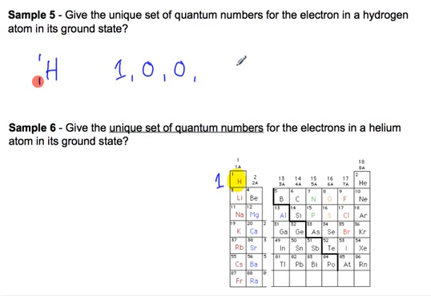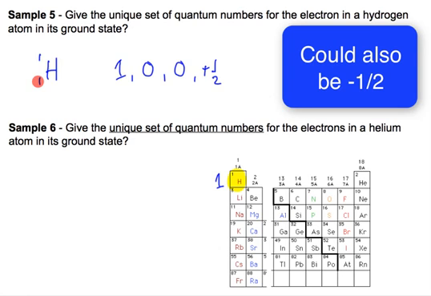And finally, we have to give it a spin quantum number. It doesn't matter what you give it, so I'm just going to give it plus 1/2. Okay, so that's the set of 4 quantum numbers. That constitutes a set of quantum numbers, 4 numbers in a set. So that's what we're referring to as a set.